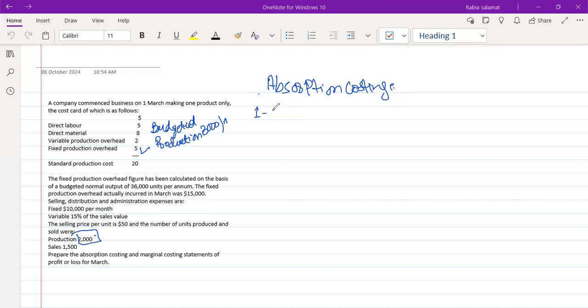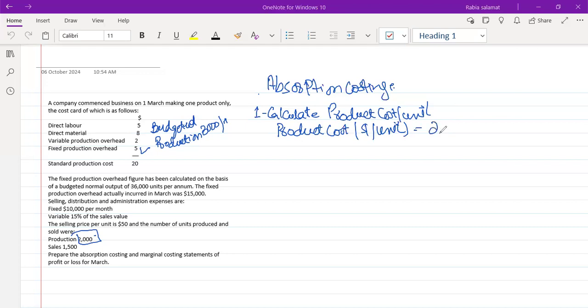First of all, we will calculate the product cost per unit, which is already calculated, so I do not need to write it again and again. Your product cost is 20.